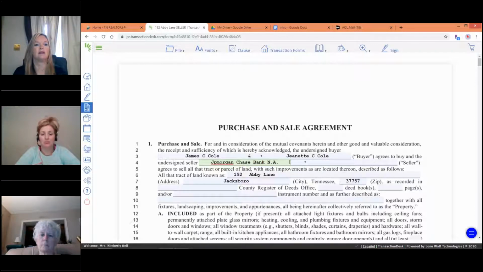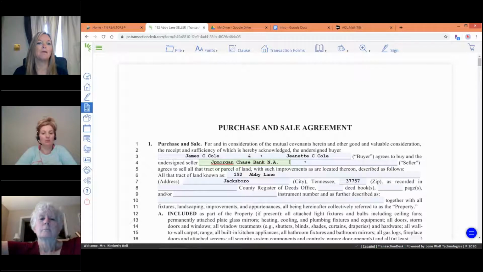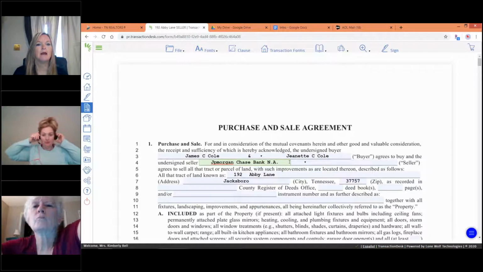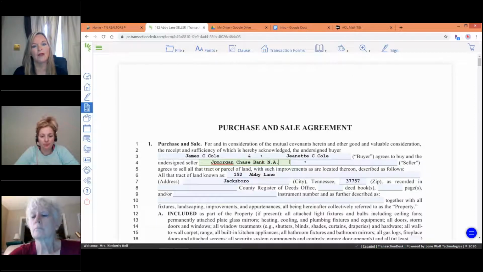Not all the tracts of land known as, you'd put maybe 192 has multiple pieces and you're only selling a part of 192. All the tracts of land known as 192 Abbey Lane. And then you would put only the brick house. Describe it. What is it? So you can subtract something out right there.